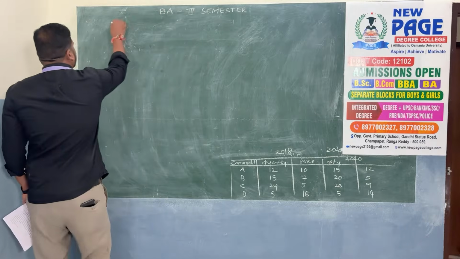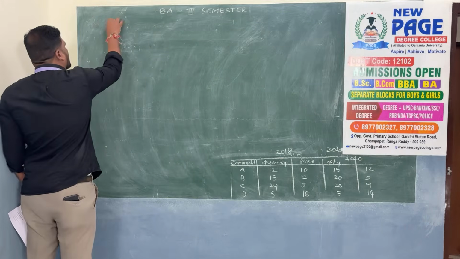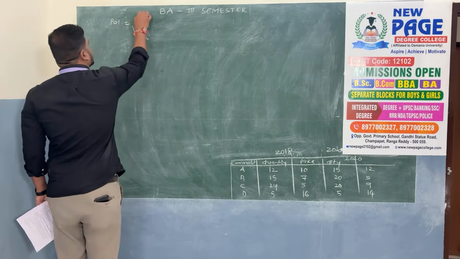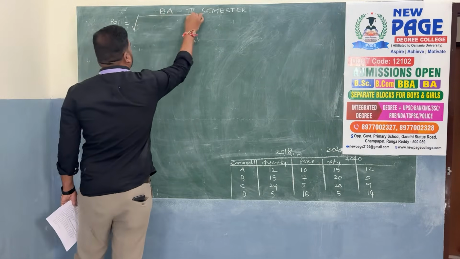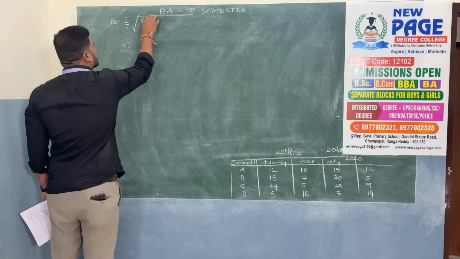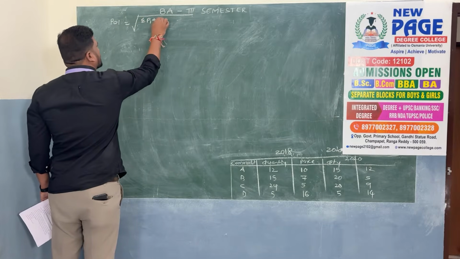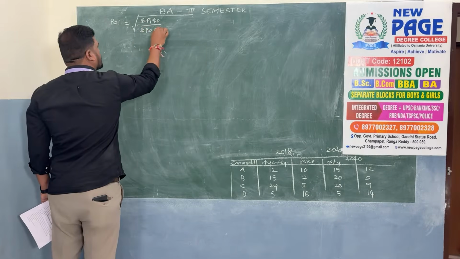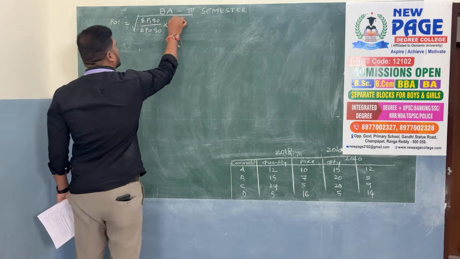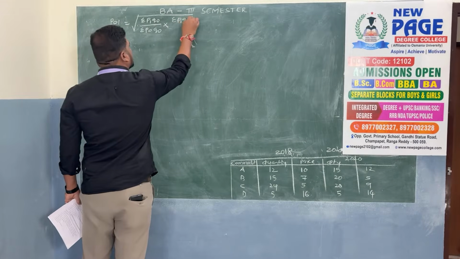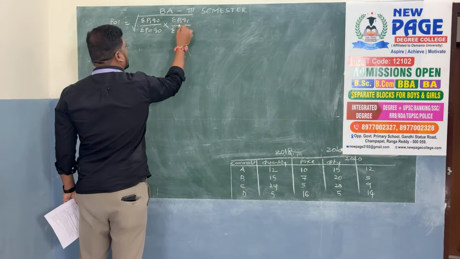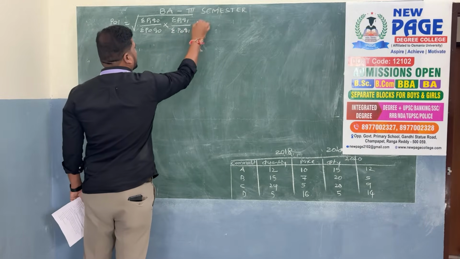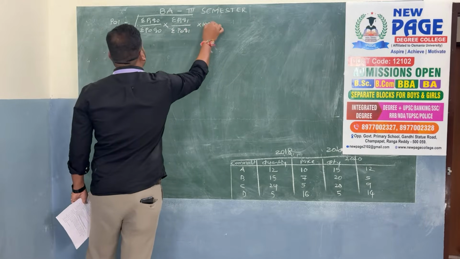The formula is P01 is equal to the square root of sigma P1 Q0 divided by sigma P0 Q0, into sigma P1 Q1 divided by sigma P0 Q1, into 100.